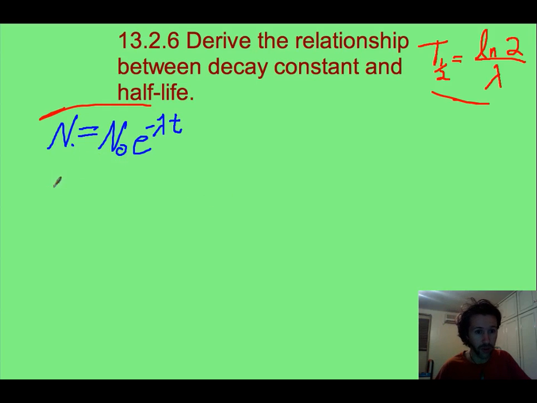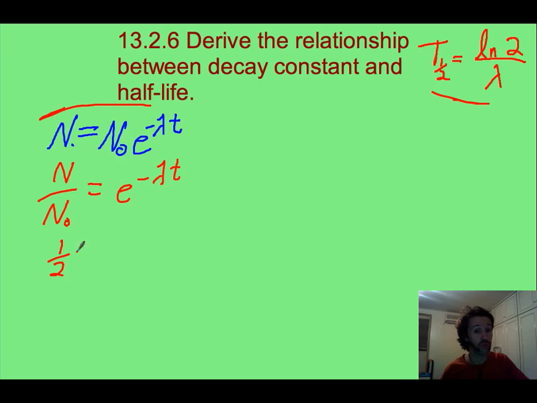If you rearrange this, you end up with N over N sub 0 equals the same stuff on the right side. This is the number of nuclei that you have left that are undecayed compared to your original. At your half-life, the ratio between these is going to be 1 over 2, and that is when you've gone through a time of t 1/2.